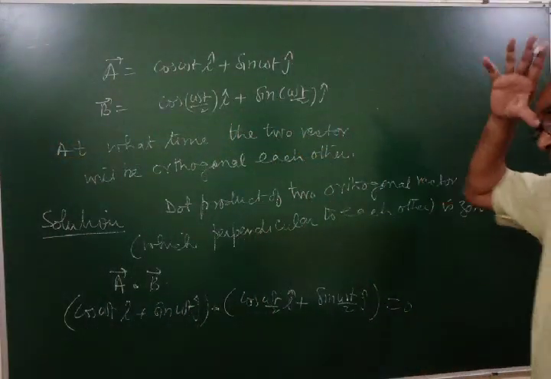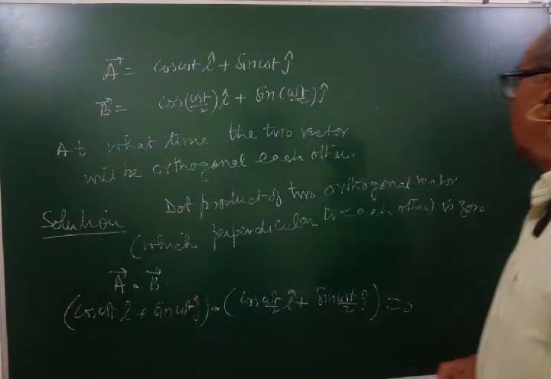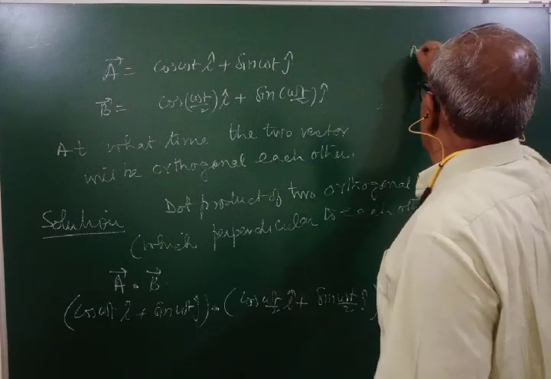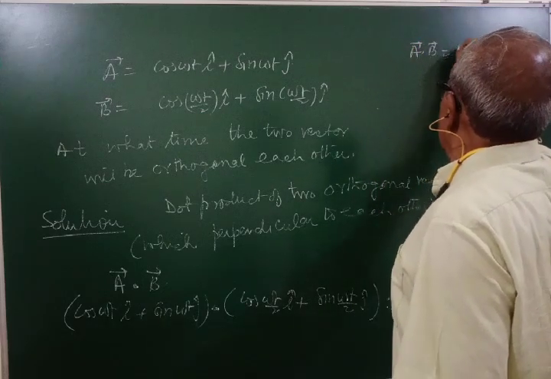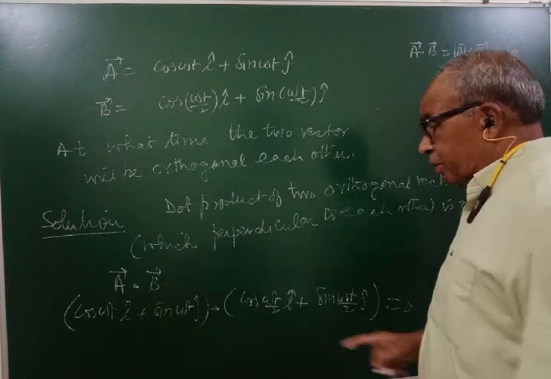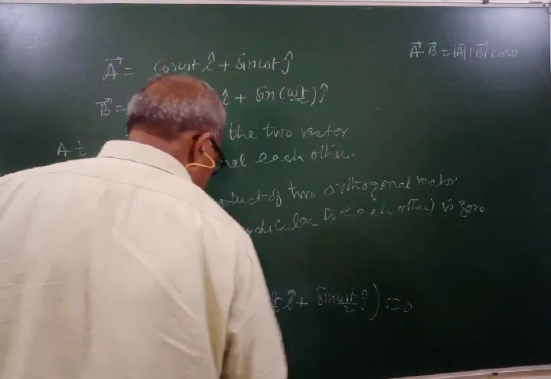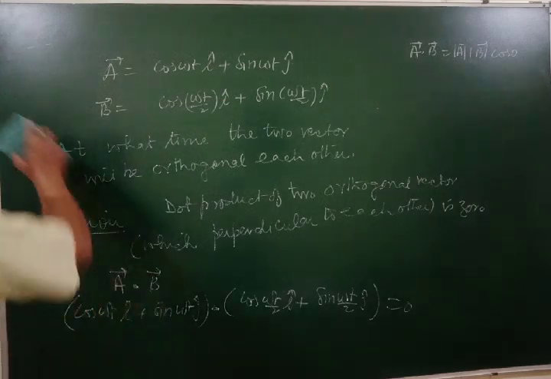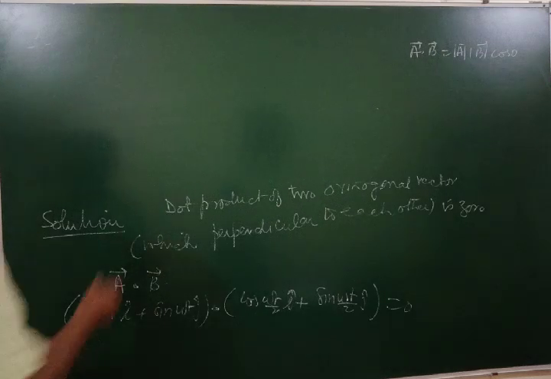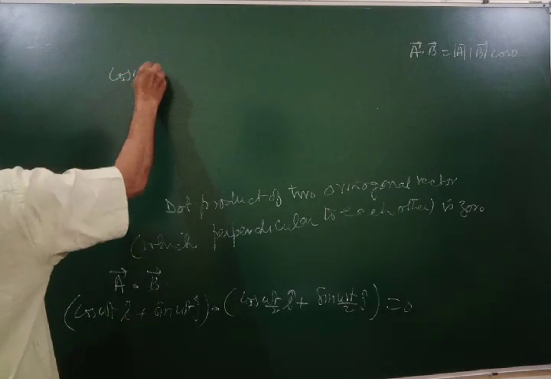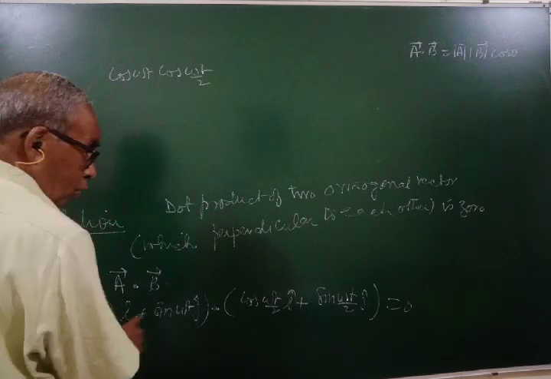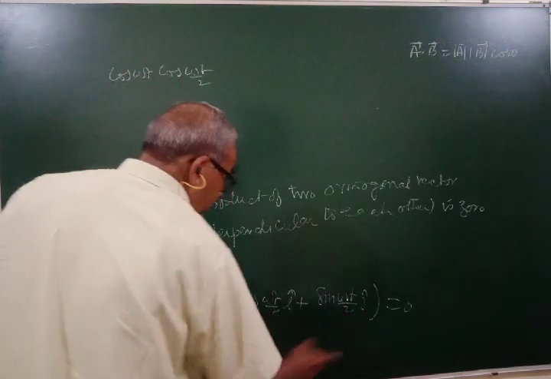Again, i and j are orthogonal. i cap is perpendicular to j cap, and you know by definition A dot B equals modulus A modulus B cos theta. So this product comes out to be cos omega t times cos omega t by 2, because i dot i is 1 and i dot j is 0, so that term will not be there.